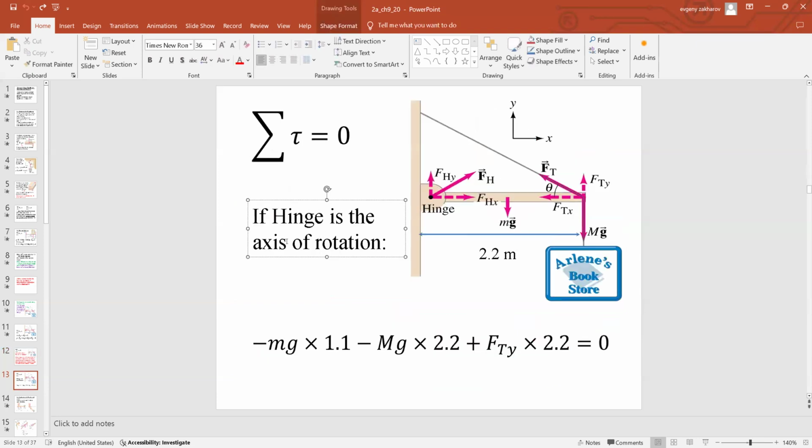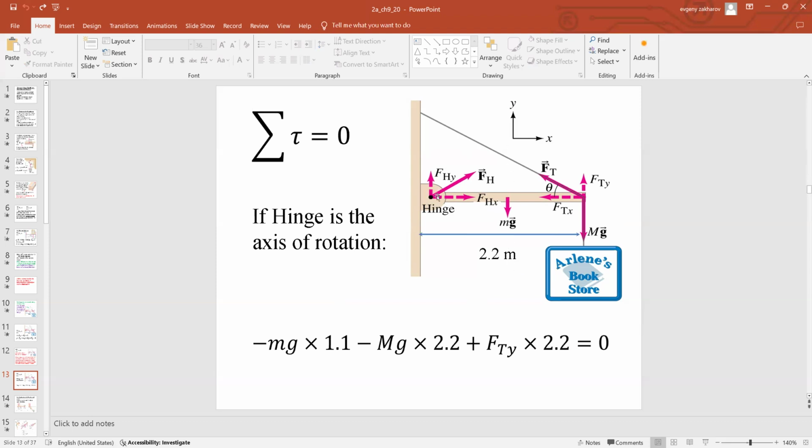So if hinge is the axis of rotation, then the torque from F sub h is just 0 because the line of action crosses the axis of rotation. Minimum distance is 0, moment arm is 0, torque is 0. This gravity with respect to the hinge, this is the line of action.